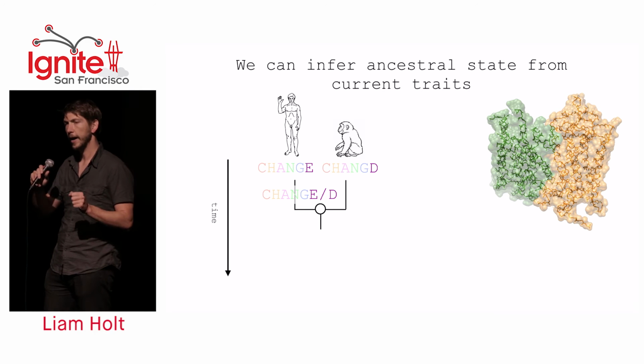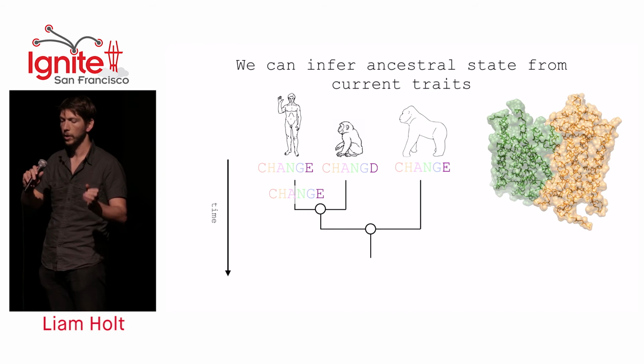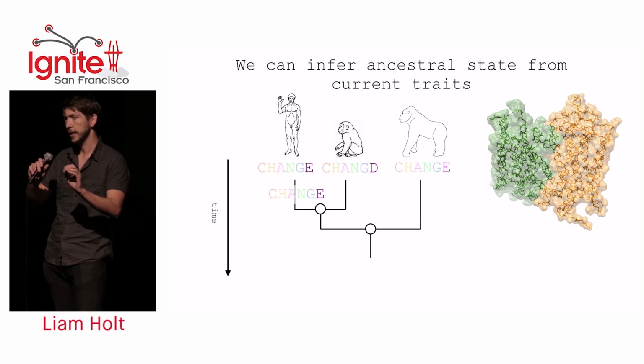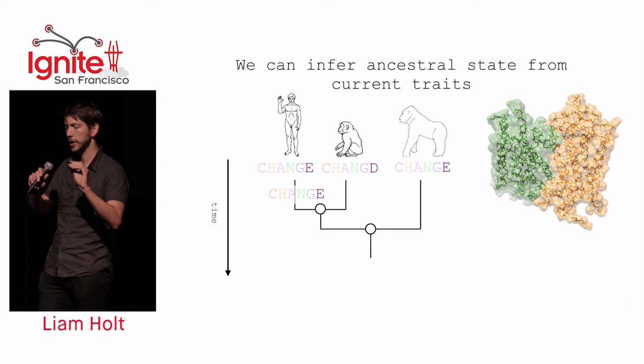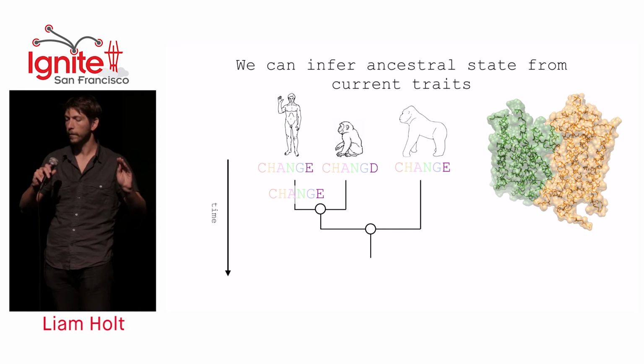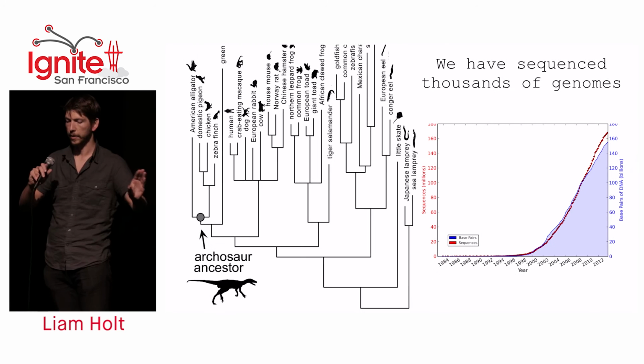To resolve that, all we need is more information about what's going on in the present. We take a slightly more distantly related organism, in this case the gorilla, and we find that it had an E in that position, and now suddenly we're really confident that the ancestor of chimps and humans had an E in that position. So we're resurrecting the past in this way.